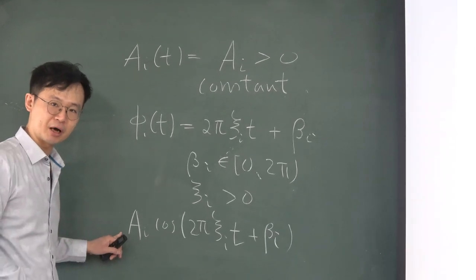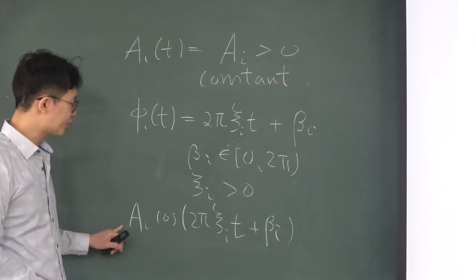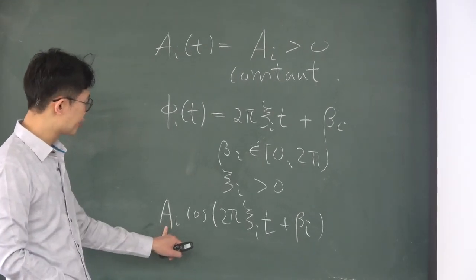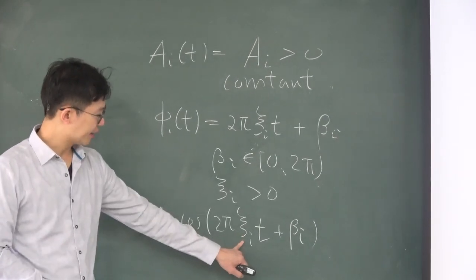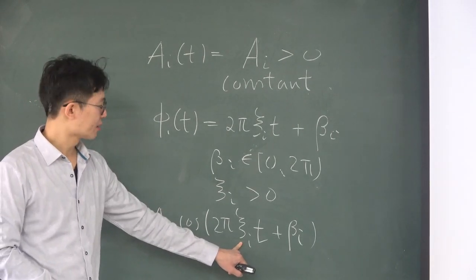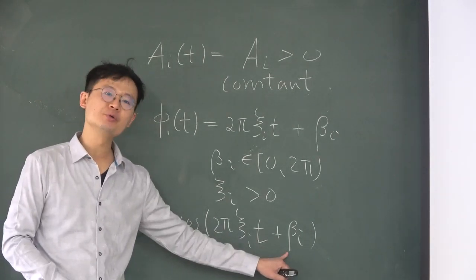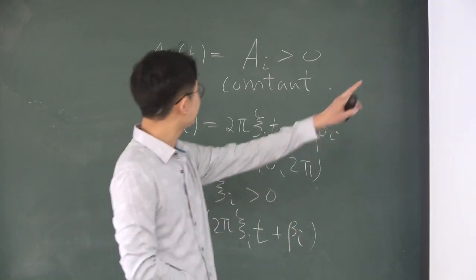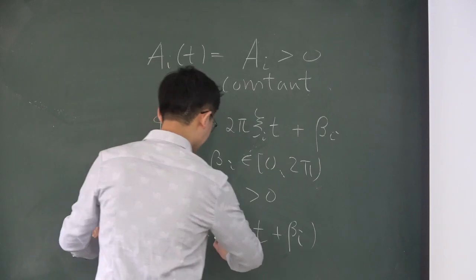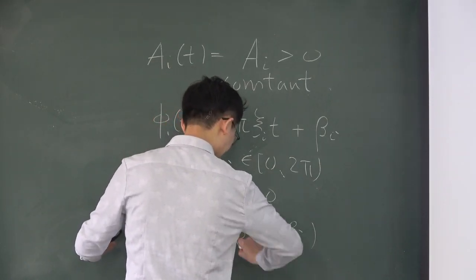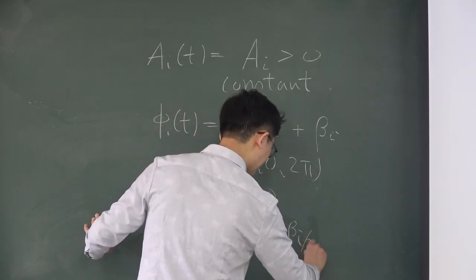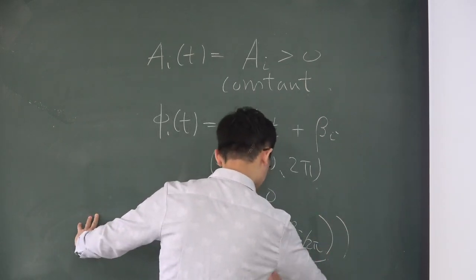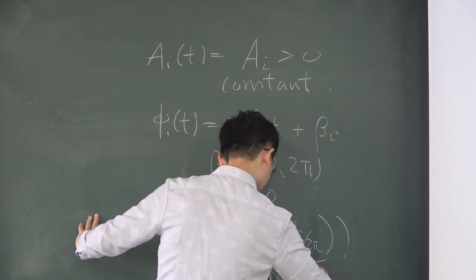In this traditional harmonic function, a_i is usually called the amplitude, f_i is the frequency, and β_i is usually called the phase or global phase. So what we are doing there is we combine these two terms, and we call this guy usually the phase function.